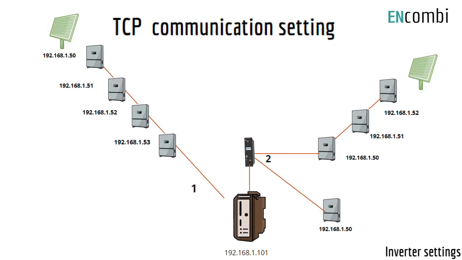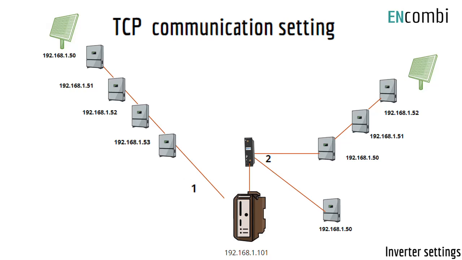When you use the TCP connection to ECPv2 from the inverter, the following scenarios of installation can be found. The first scenario is ECPv2 connected to a pool of inverters without an inverter controller.